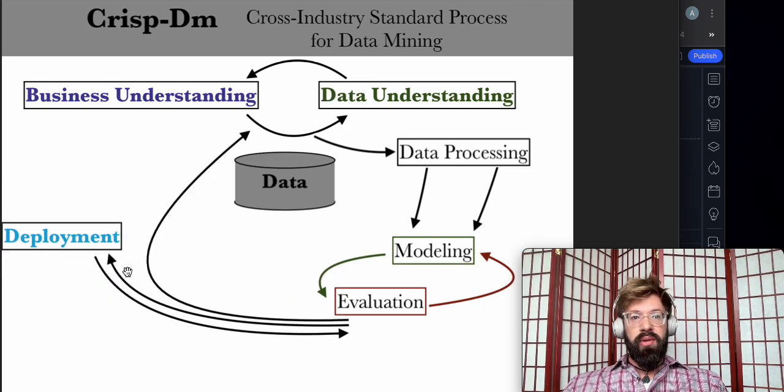Now, you notice deployment has not only a relationship with the evaluation, but also, the evaluation has to be brought back into business and data understanding in order to effectively deploy the model, which also needs evaluating, because no matter what data you have, it's not sufficient. Real world data is going to be always surprising and always have outliers that you'll have to deal with, evaluating the deployment of whatever model.